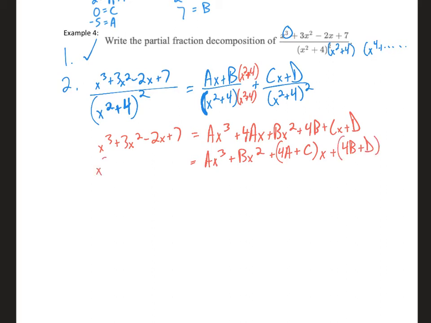So matching up coefficients, a is 1, b is 3, 4a plus c is negative 2, and 4b plus d is 7.